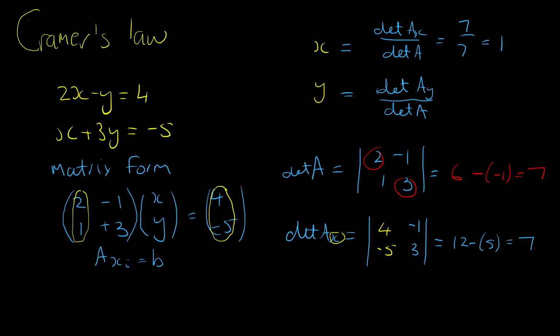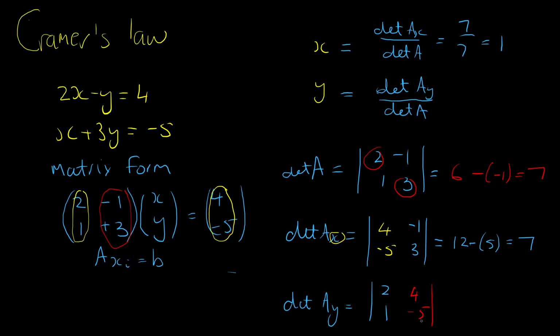Now we also need to determine the determinant of Ay. The x values are now the same, and we substitute the y coefficients with the answer column. The y coefficients in this case are minus 1 and 3, and we substitute them with 4 and minus 5.